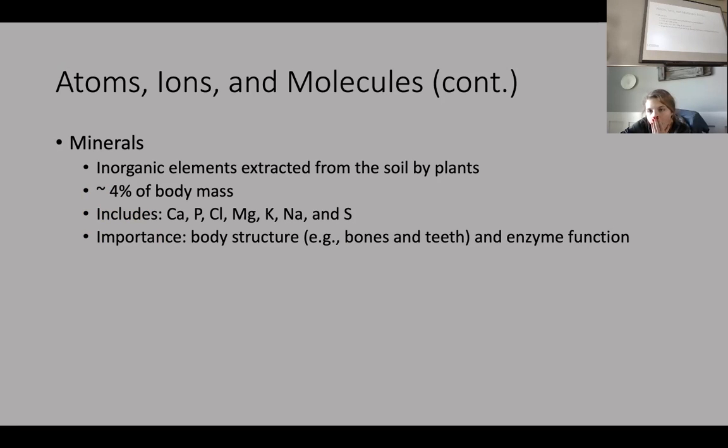Sulfur, I don't know that I talk about much beyond this, but those other 6 will come back up. A lot of these are important in body structure and in the function of enzymes. Enzymes I'll get into towards the end of this chapter, but they're basically just proteins that help all the chemical reactions in our body work more efficiently.